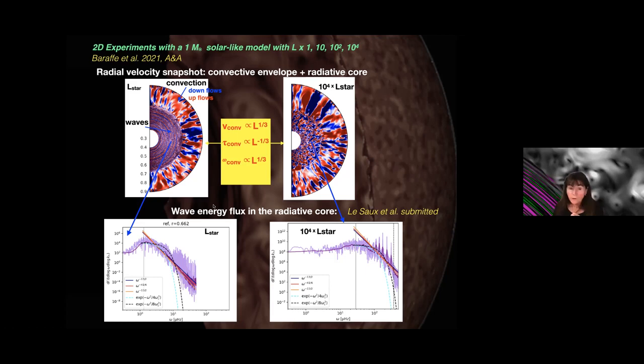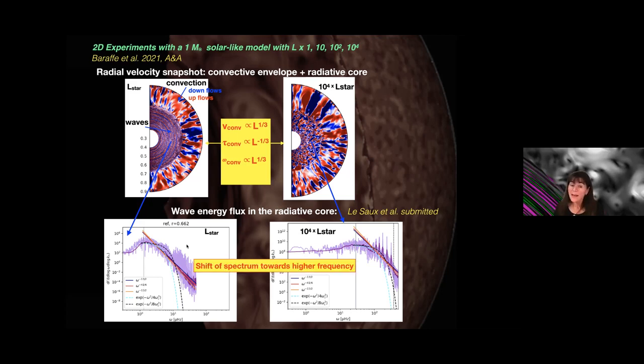So if you look at the wave energy flux in the radiative core, here this is the frequency, and here this characterizes the flux of energy of the waves. Then you can see that the waves that bear most of the energy are not in the same frequency range.